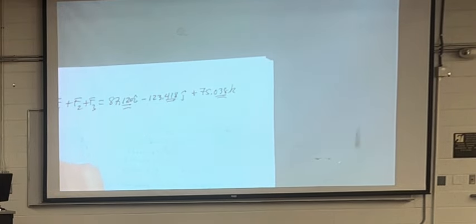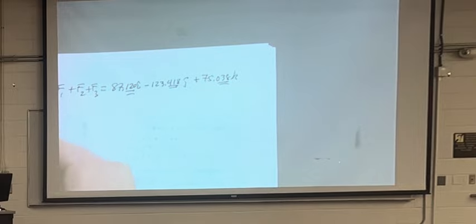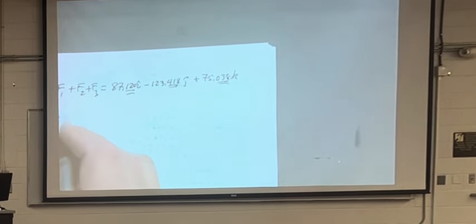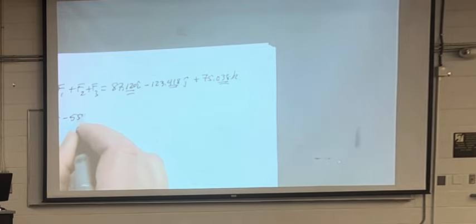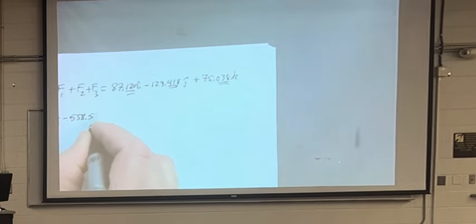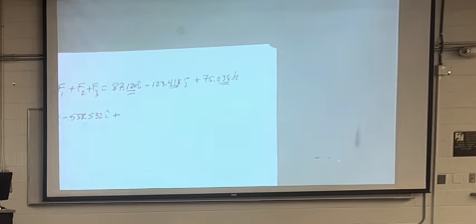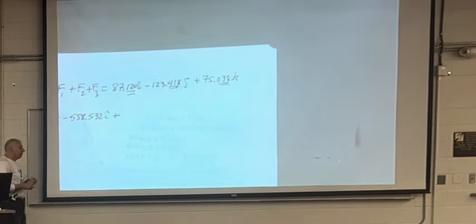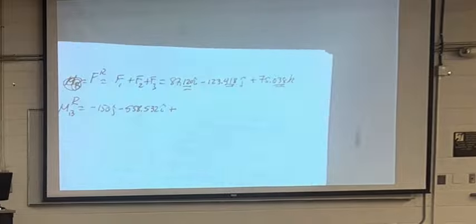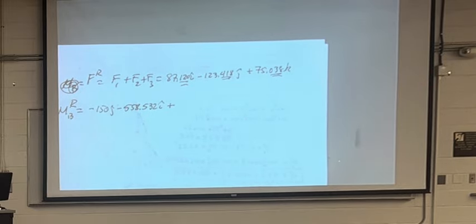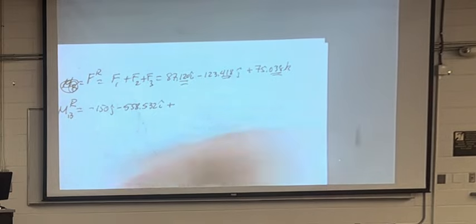Moment at B resultant. Well, I got minus 150 j. That was a moment that already existed. I got minus 558.532 i. I have 2 forces that are creating moments, F2 and FAE.